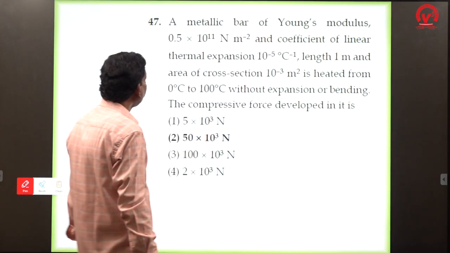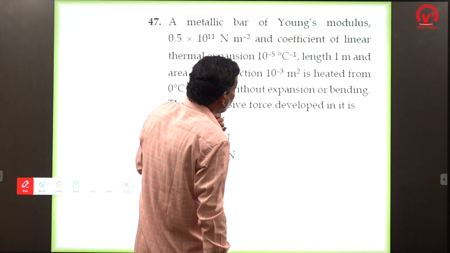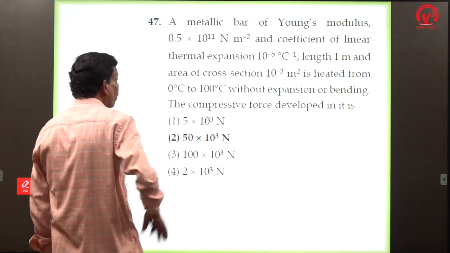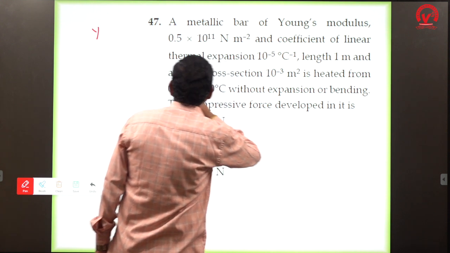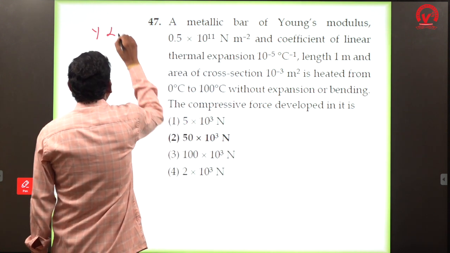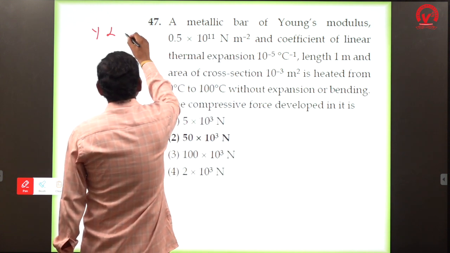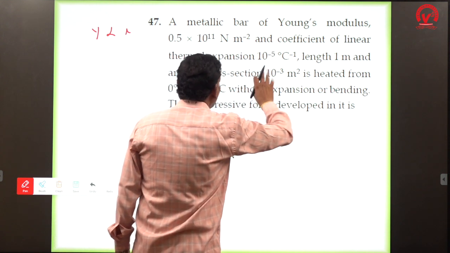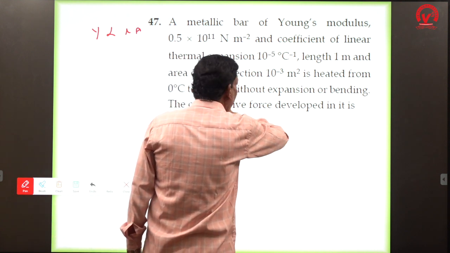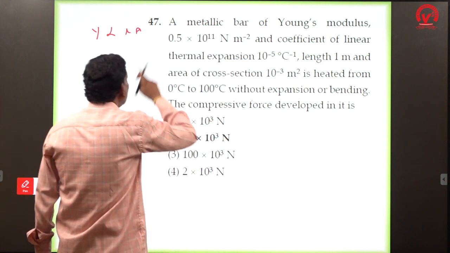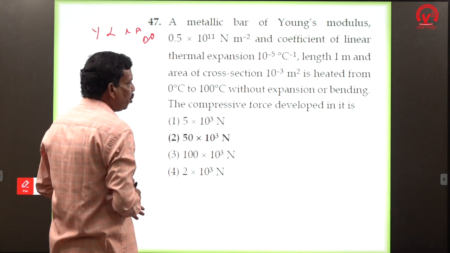Next question. A metallic bar with Young's modulus Y, coefficient of linear thermal expansion alpha, length L, and area of cross section A is heated, so delta theta is given. They ask for the compressive force developed.